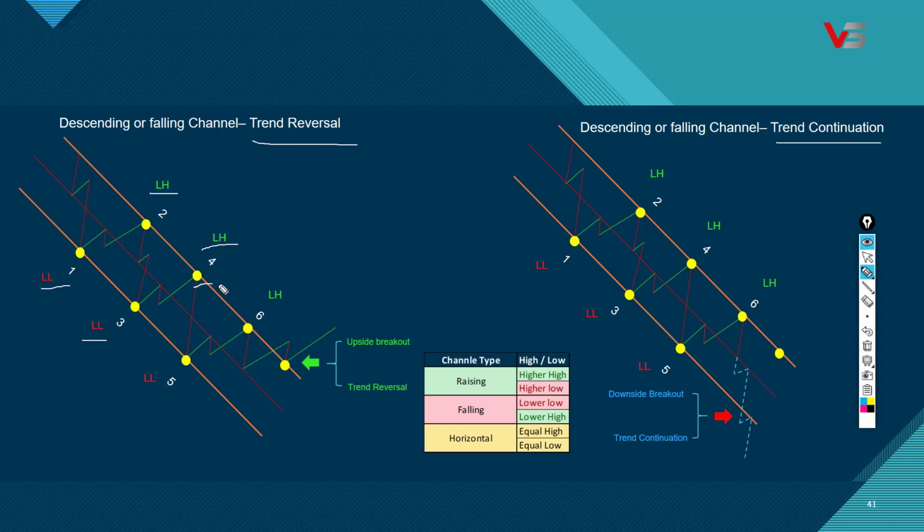Once the fourth wave is completed, we have to take a short entry here, and the target level is 5. Once the fifth wave is completed, we can take a long entry here, and the target is 6. So it is similar to the ascending channel, vice versa.